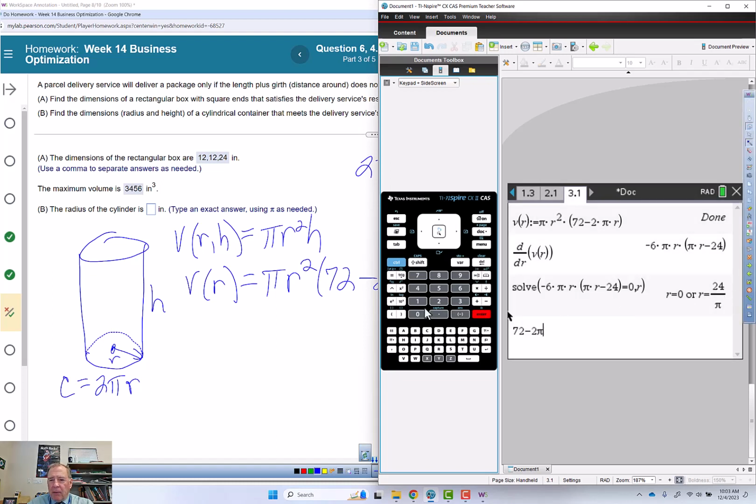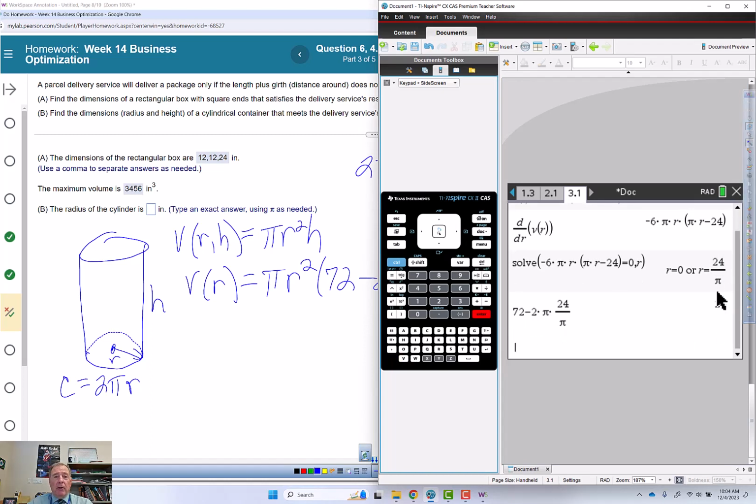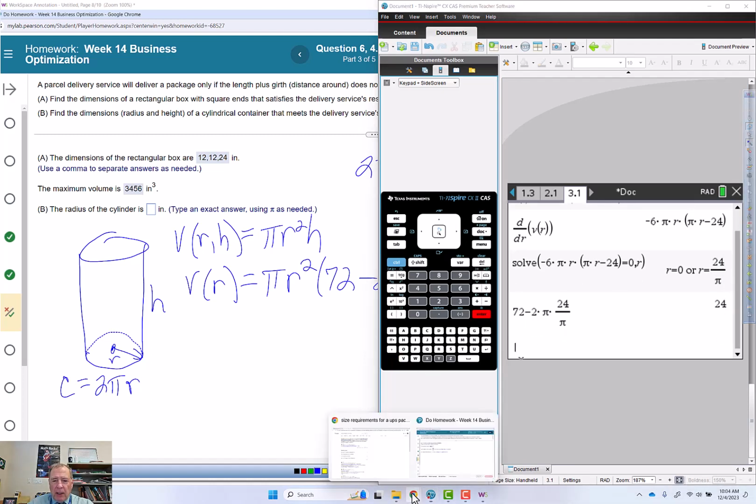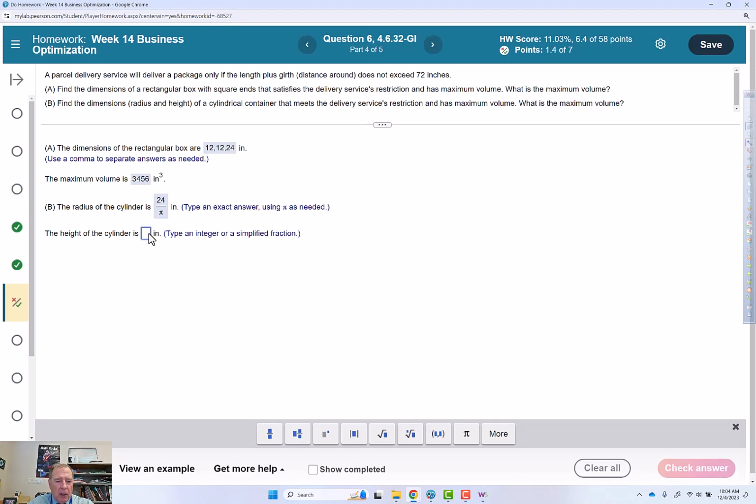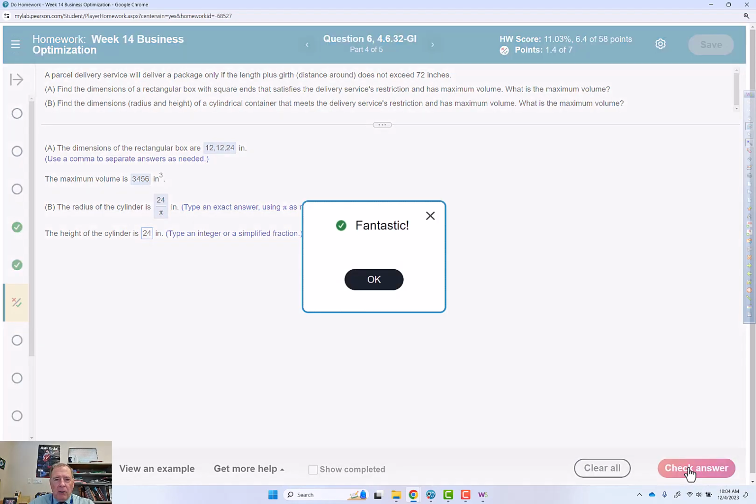I'm going to grab that. I'm going to put a times and then grab this. Control, copy, go back down here, put that in, and I get 24. So we'll put that into the book, 24 inches, which is the same thing we got for the height when we were doing a square base.